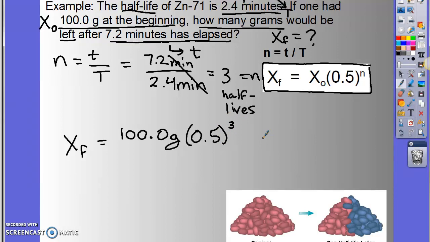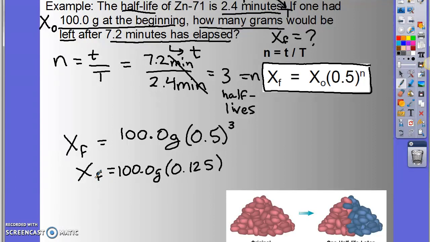So I'm going to take 0.5 and raise it to the third power, and that gives me 0.125. So I have 100.0 grams times 0.125 equals xf. Finally, I can multiply by 100 and see what I get.